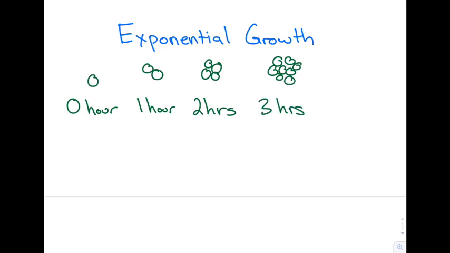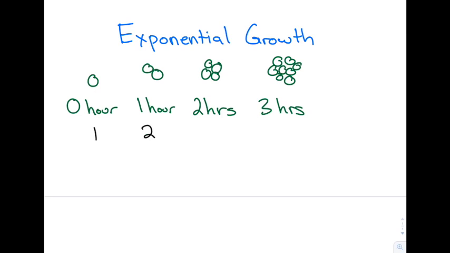So this kind of follows something pretty nice that we've seen before. So what does this look like? Take a moment to think about what mathematical function this particular situation can be modeled by. So let's write it down. At hour 0, we have 1 bacteria.